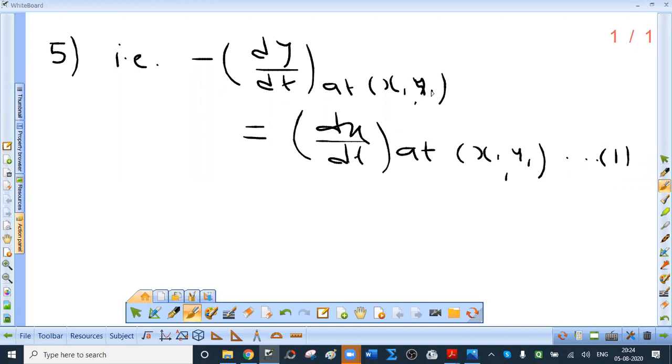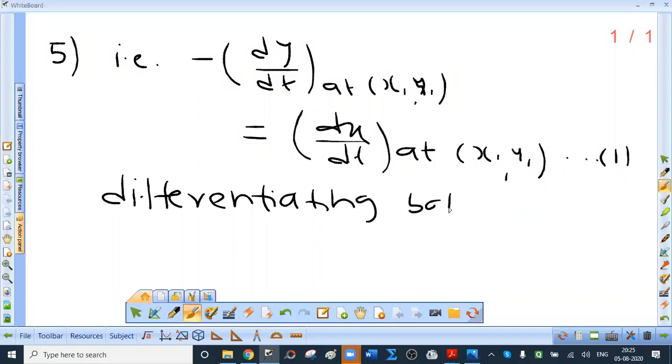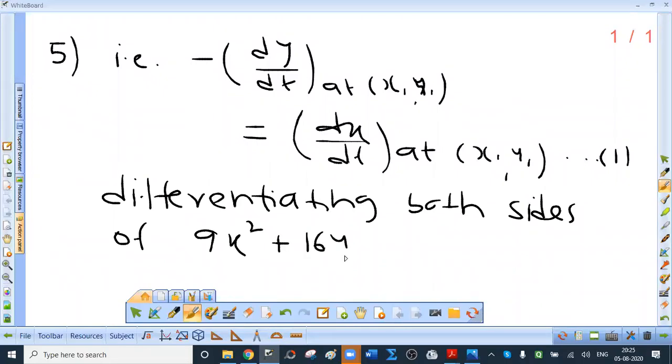Okay, now what next? Differentiating both sides of that equation, 9x square plus 16y square equal to 400, with respect to x.